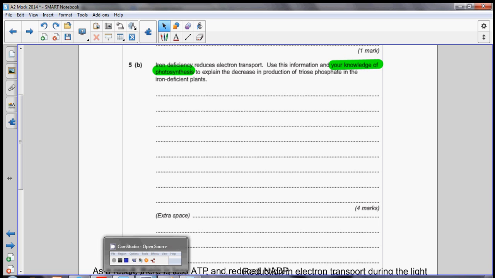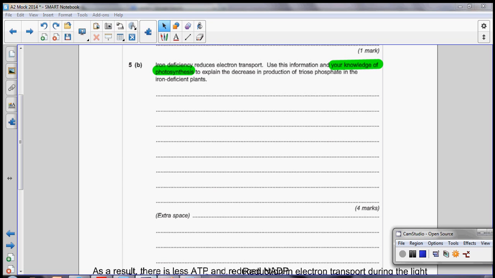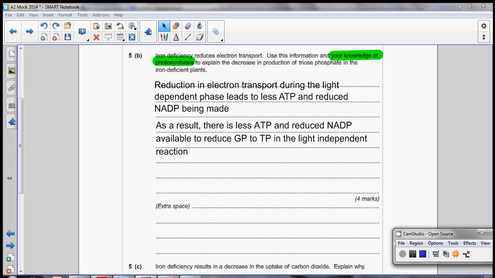Now, those substances, the ATP and the reduced NADP, are produced during the light-dependent stage. So, if you prevent electron transport, you're going to prevent the production of ATP and reduced NADP, and as a result, you'll stop all the processes that require those substances. So I've put the answer up on the screen there, and it follows pretty much what I've just said.